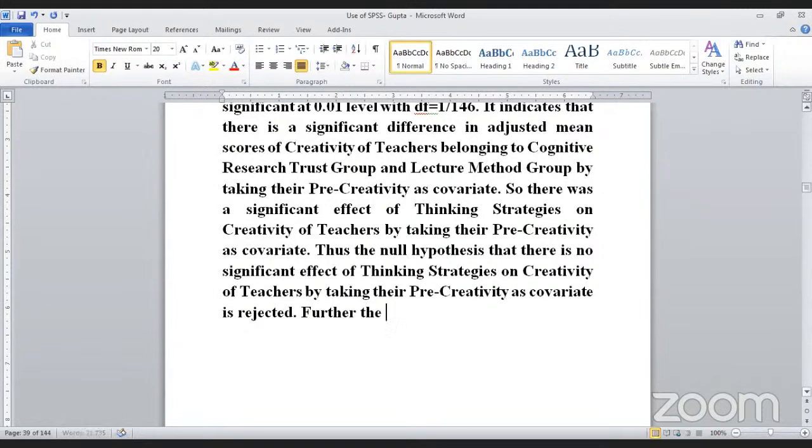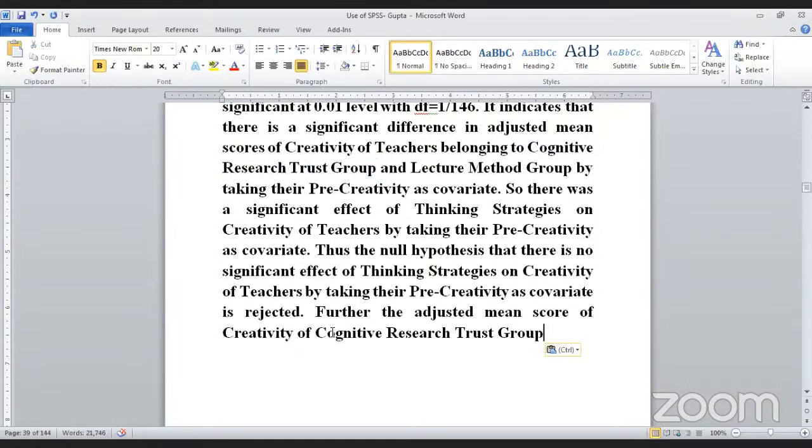Further, adjusted mean score of creativity of cognitive trust group is, let me give you the mean score.